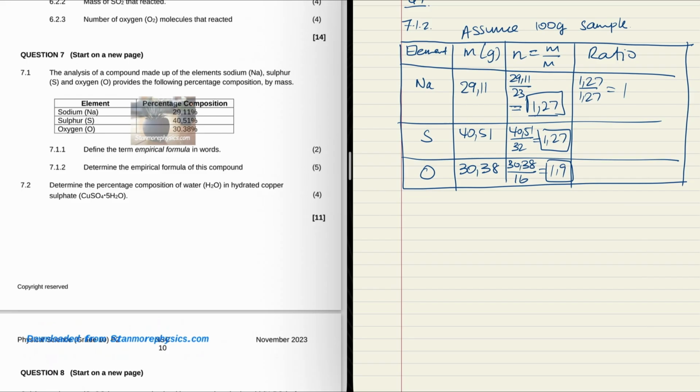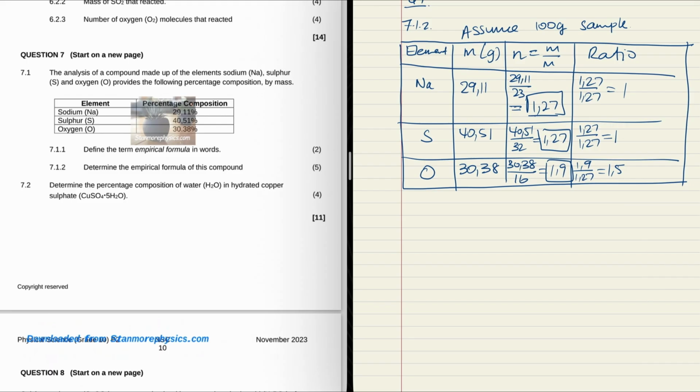So I'm going to have 1 there. Then 1.27 divided by 1.27 is going to be 1. And then 1.9 divided by 1.27 is equal to 1.5.